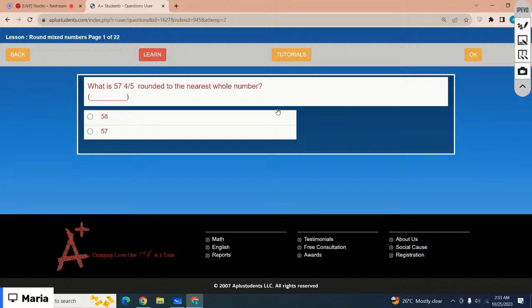You just have to compare the fractional part with 1 over 2. If it is greater than 1 over 2, the number would be rounded off to 58 because 4 over 5 is greater than 1 half.